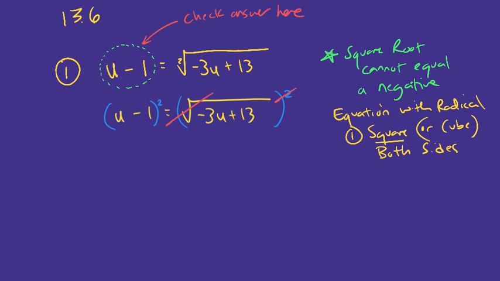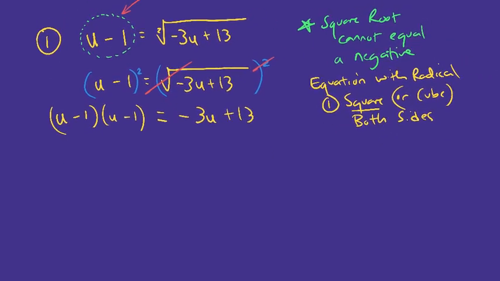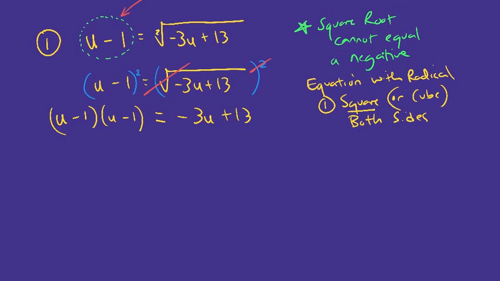We're just left with u minus 1 squared on the left, which is u minus 1 times u minus 1. And on the right, all we've got is what's left under that square root, negative 3u plus 13. By the way, we'll cube both sides if this is a cube root up here. But since we've got a square root, we're squaring both sides.